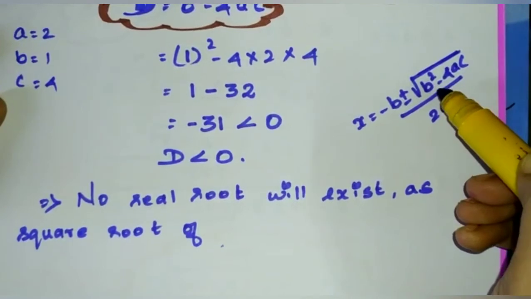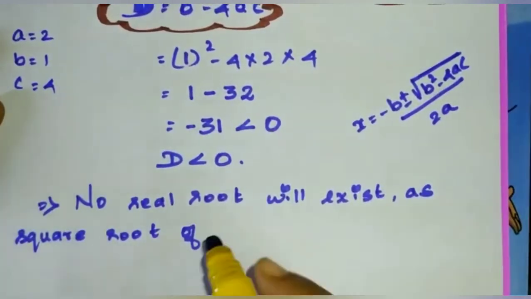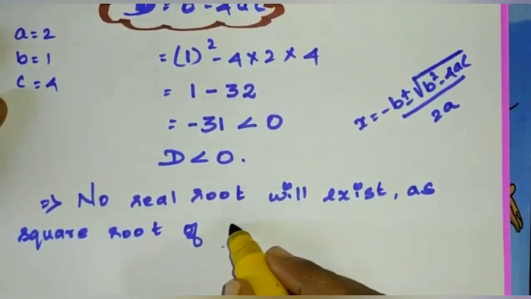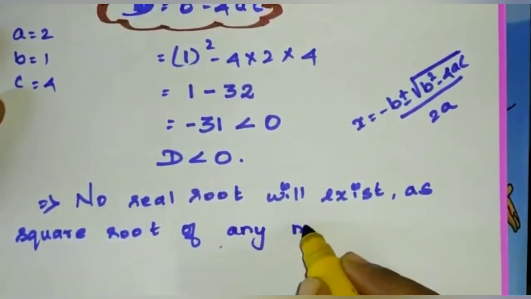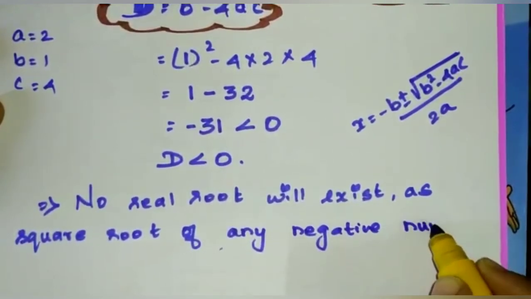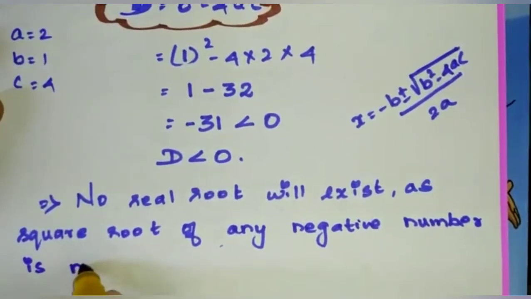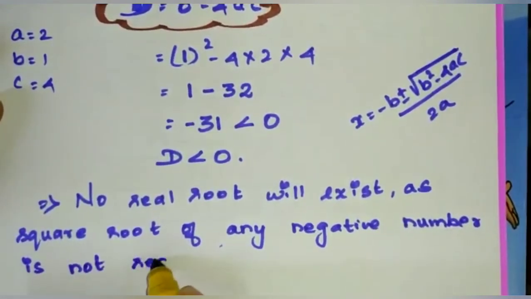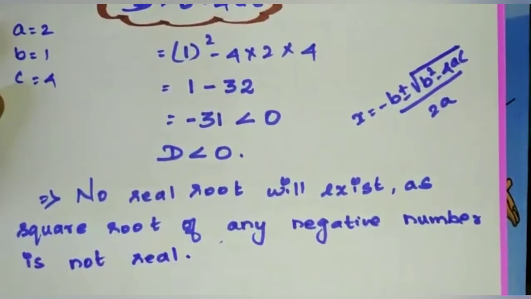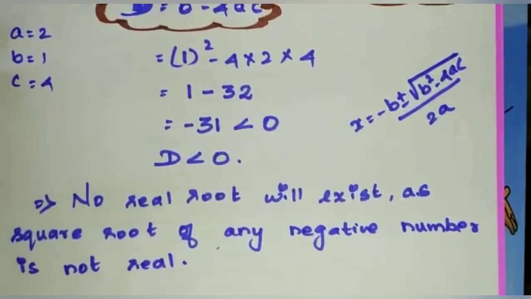Because of that only, we are stopping here itself. Root of any negative number is not real. It will be a complex number.